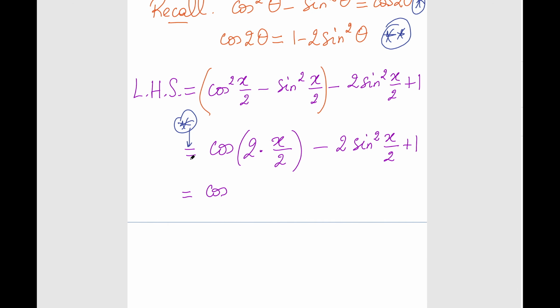So this is cosine of 2 divided by 2 is 1, so this is simply cosine of x, right? Minus... you know what, I don't need to push a minus in.